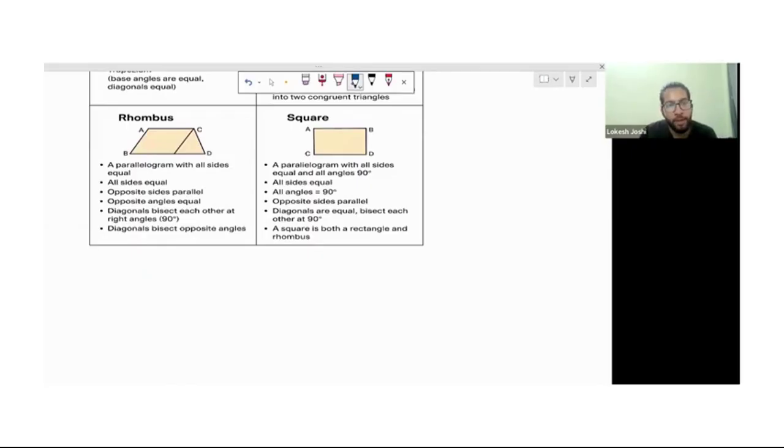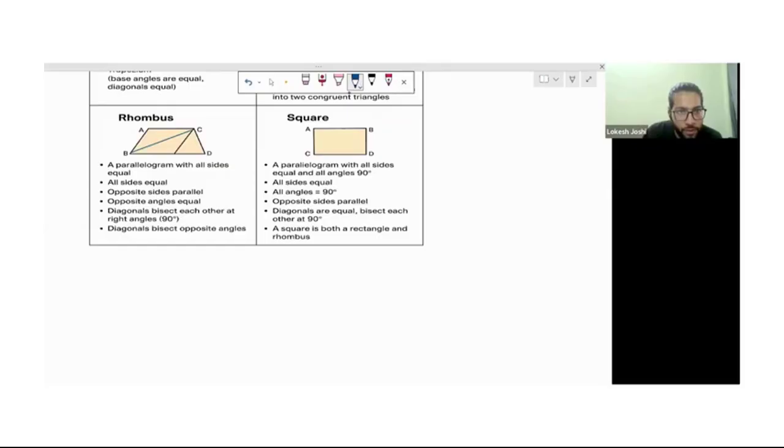So a parallelogram with all sides equal, which means this one, this one, this one, this one are equal. All sides are equal, then opposite sides are parallel, this one is parallel. Diagonals bisect each other at 90 degrees. Okay, this one is new.